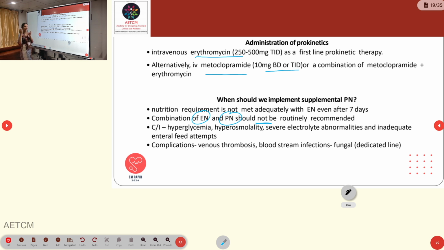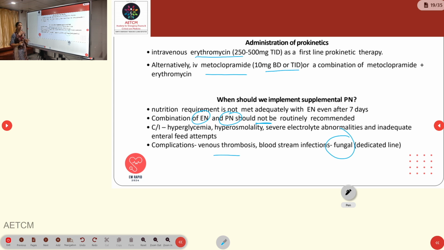So if it is a three-way central line, if one line is dedicated to the feed, that means that parenteral nutrition, then only that should be going. If along with that any other medicines or anything is going through the same line, there is high chance of venous thrombosis, bloodstream infection, especially fungal infection.